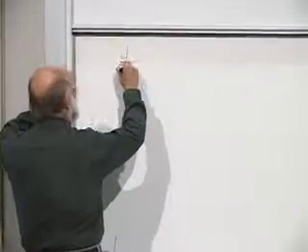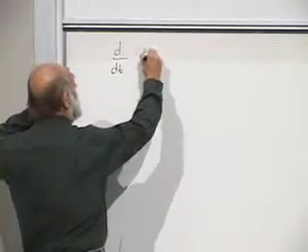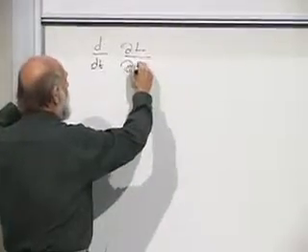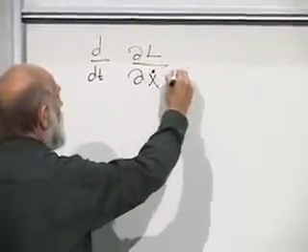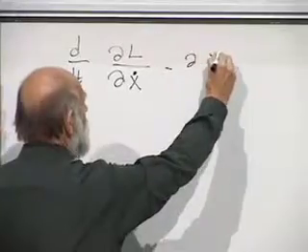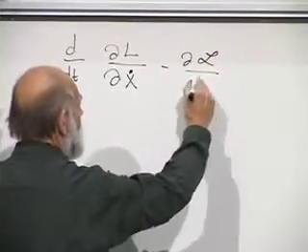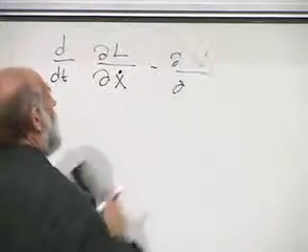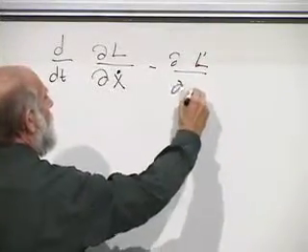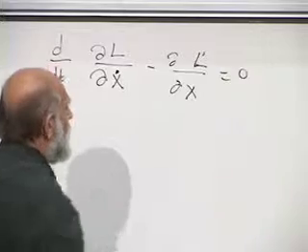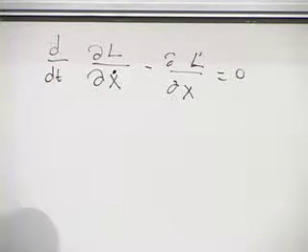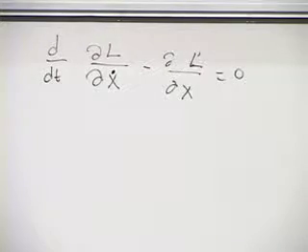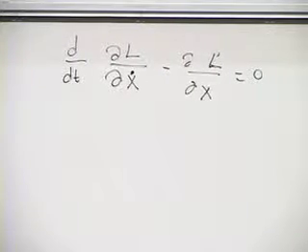d by dt of the derivative of the Lagrangian with respect to x dot, minus the derivative of the Lagrangian with respect to x. Let's use the same symbol here. Now, the only difference, if we have lots of coordinates, and now let's call the coordinates q instead of x.